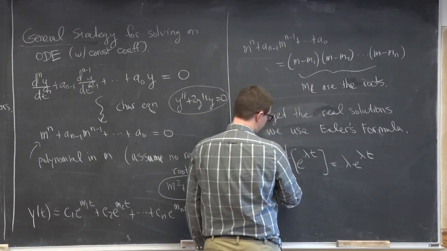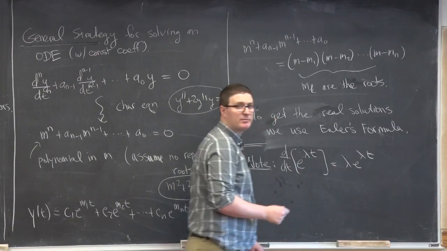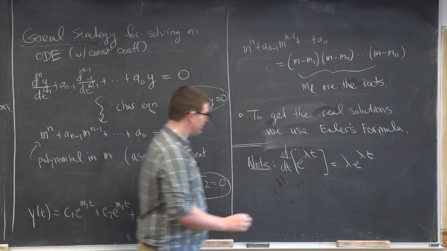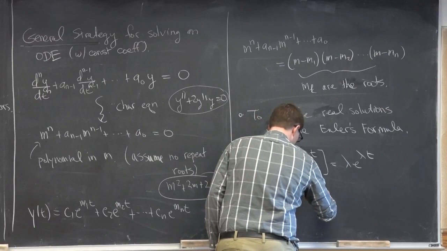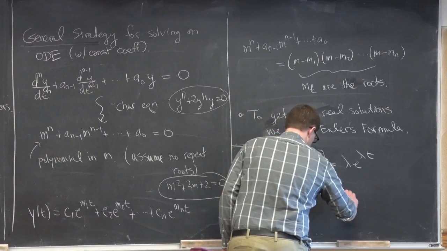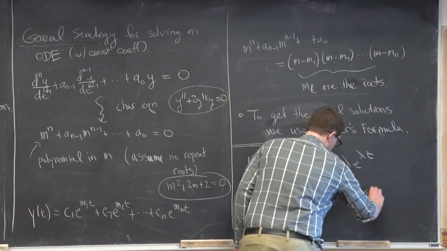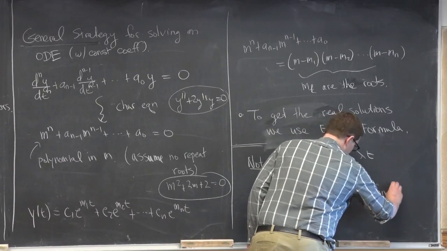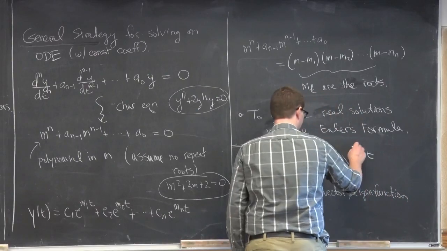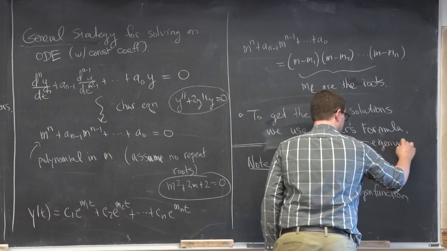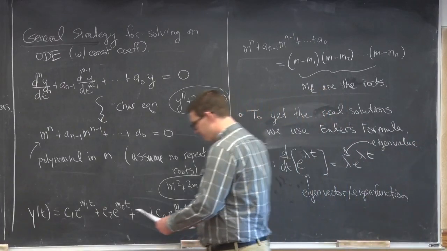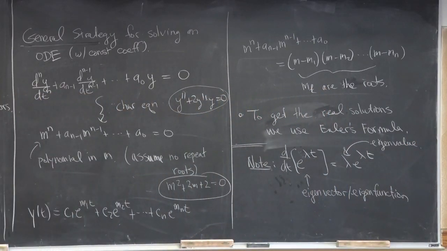So the operator spits out a lambda in front of it. So this is an eigenvector, or eigenfunction. And then this lambda here is the eigenvalue.